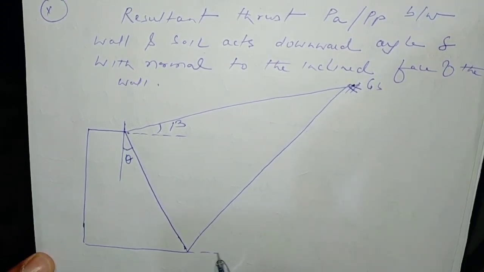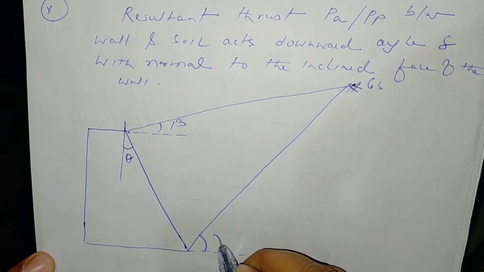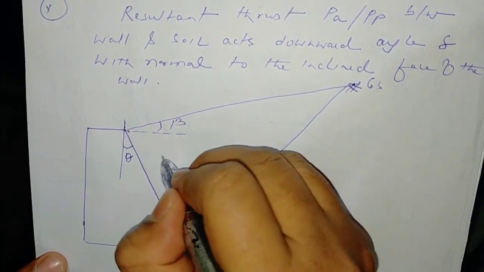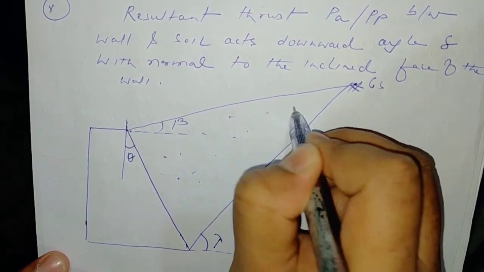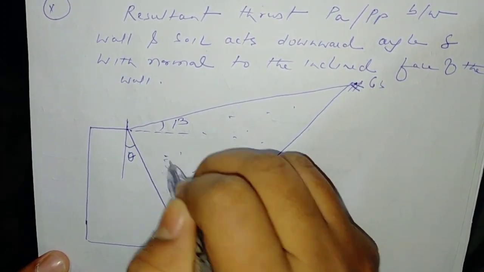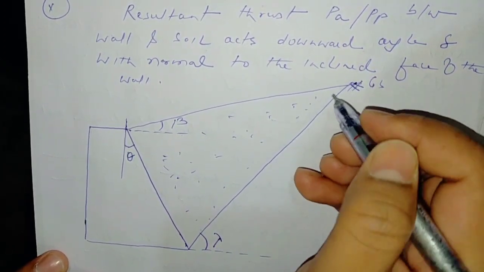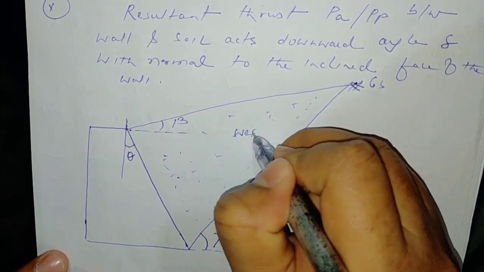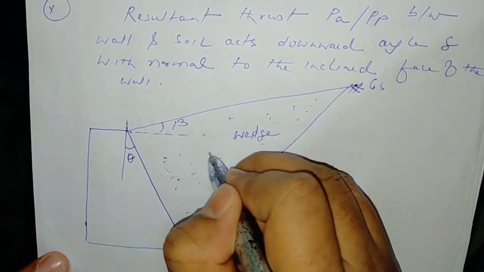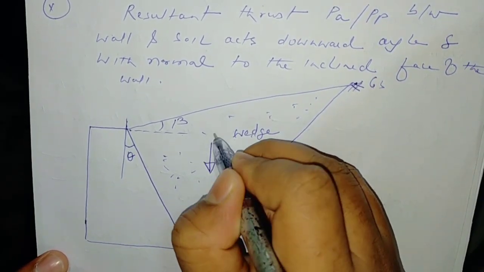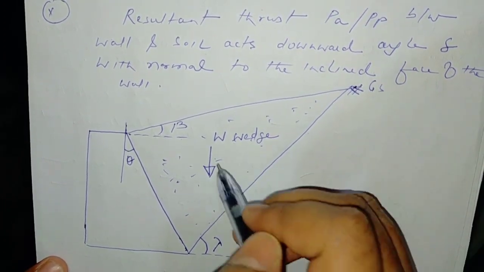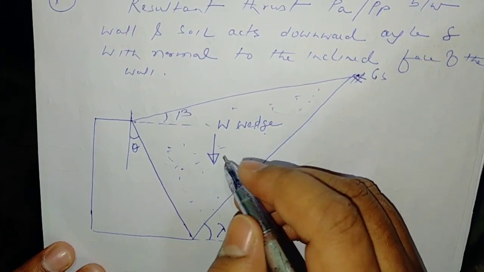It will act at an angle of delta with the horizontal. This is the backfill. This is the wedge, and let us assume the weight of the wedge is W, and in the assumption it is taken that the weight of the wedge acts vertically downward.